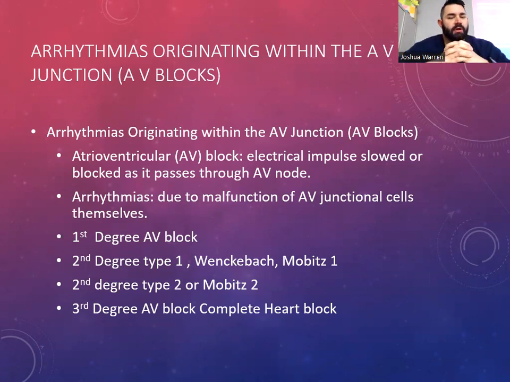So these are arrhythmias originating from the AV junction. We've talked about how every impulse has an origination point and has identifying characteristics where we can identify who is pacing the heart. With sinoatrial nodes, we have the appearance of a round, upright, symmetrical P wave, telling us that the SA node is pacing the heart.